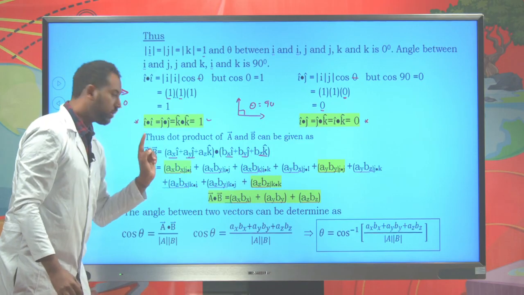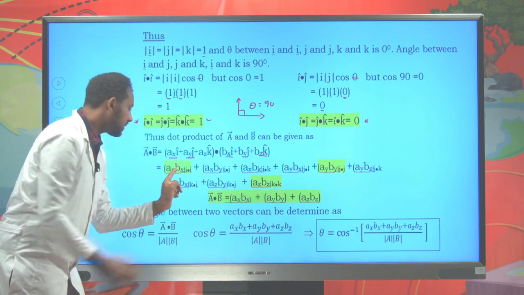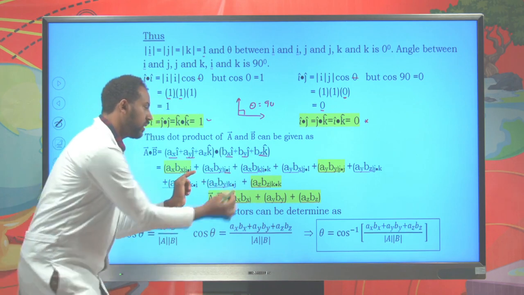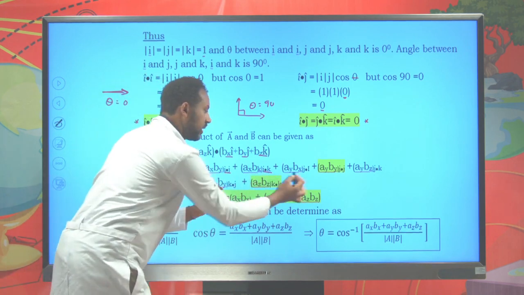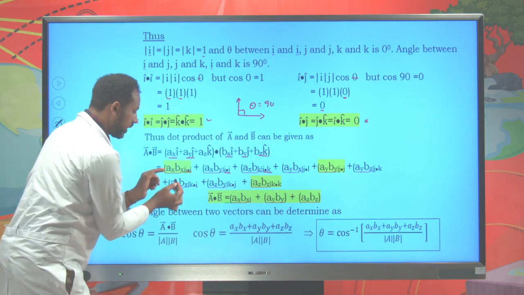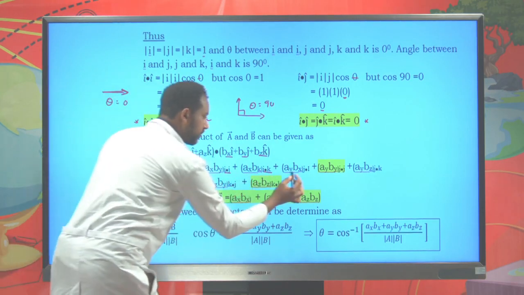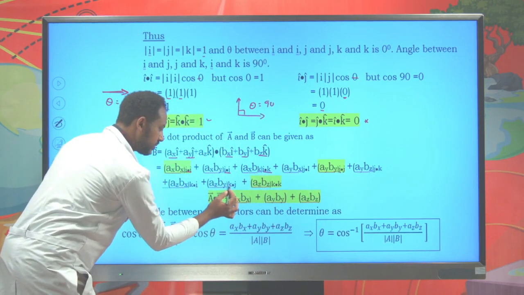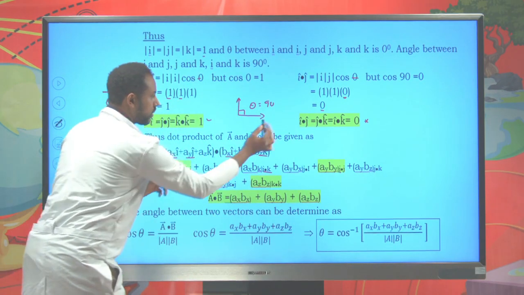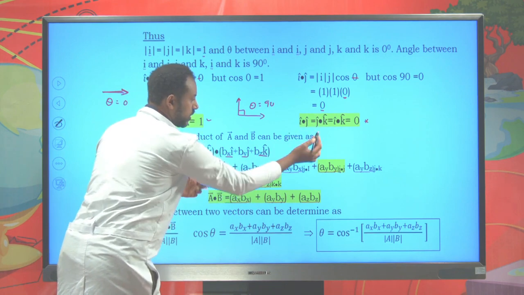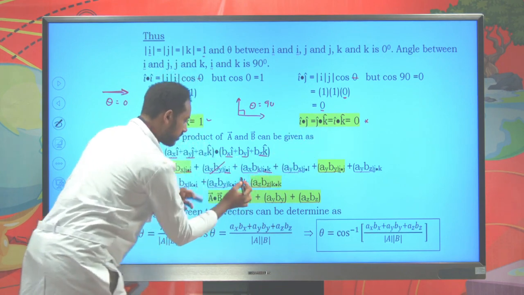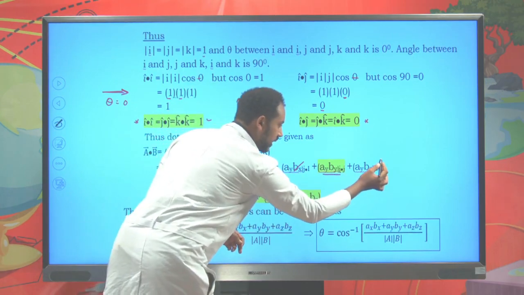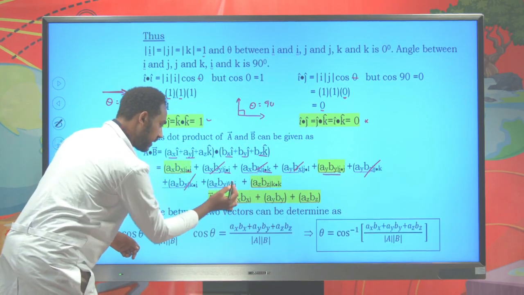The only nonzero terms are i with i, j with j, and k with k. The others give you 0 because i dot j gives you 0, j dot k gives you 0, and so on.